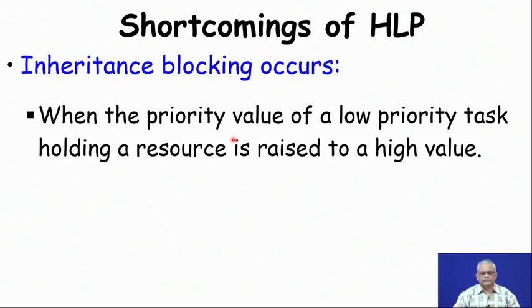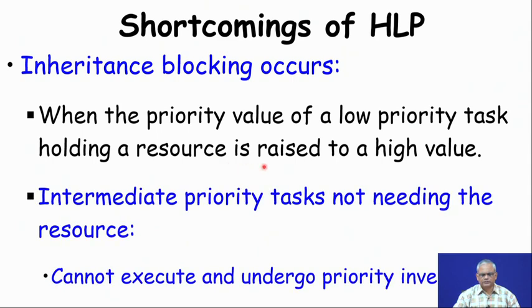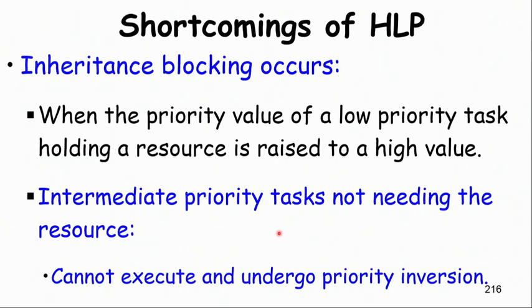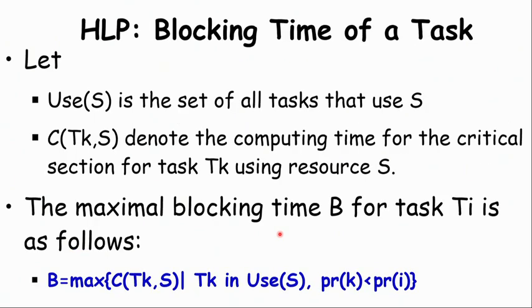Since the priority value of a low priority task as soon as it acquires a resource is raised to a high value, the other intermediate priority tasks which do not need the resource undergo inheritance blocking, and the intermediate priority tasks can miss their deadline, because for multiple lower priority tasks they may face priority inversions, and they may miss their deadline. Let us look at the blocking time for a task.